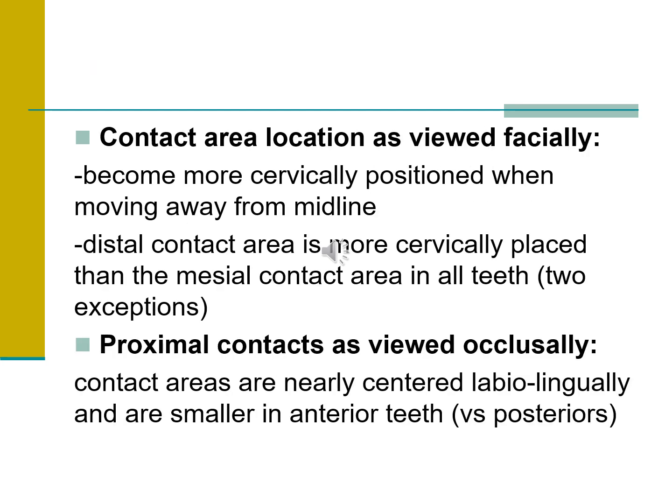In terms of the position of contact areas, they depend on the type and on the form of the crown of the teeth. They can be examined from two views, either facially, which is labial and buccal views. When you say labial view of the tooth, it is relating to the lip. When you say buccal, it's relating to the buccinator or the cheeks.